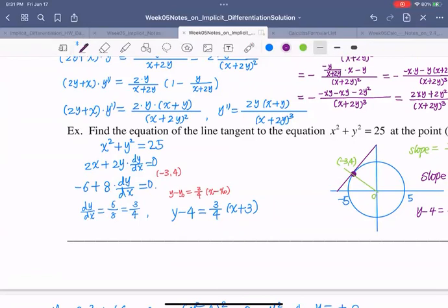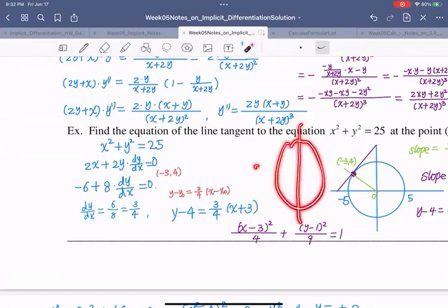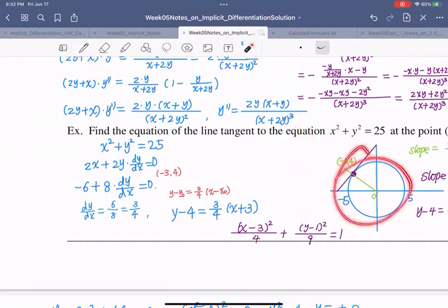I can say (x minus 3) squared over 4 plus (y minus 1) squared over 9 equals 1. This is an ellipse, vertical direction, centered at (3, 1). And then I find a point and say, go ahead, find the tangent line equation for me. Are you able to solve it in this simple way? No. You have to solve it by calculus.